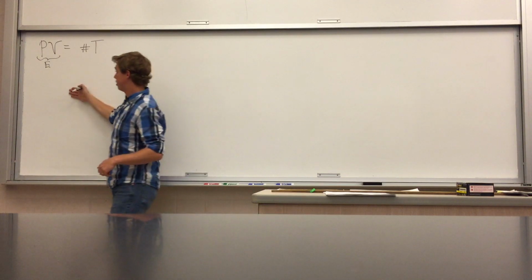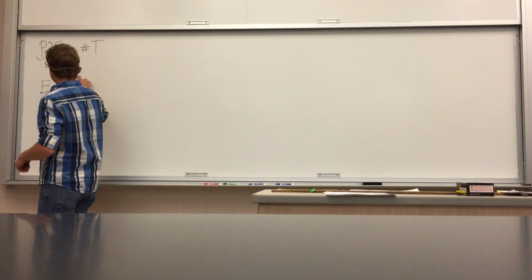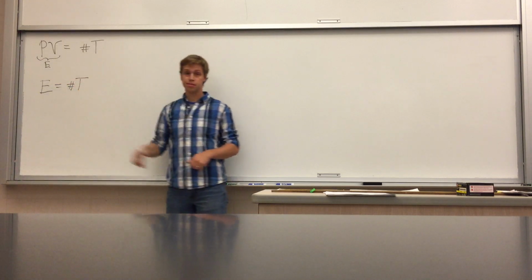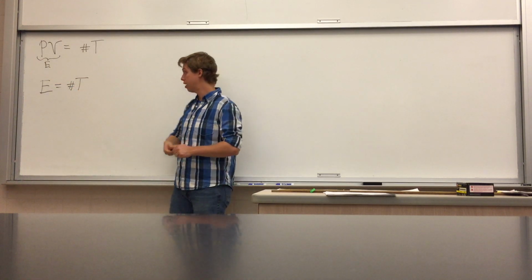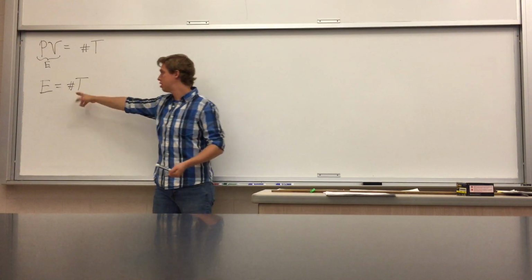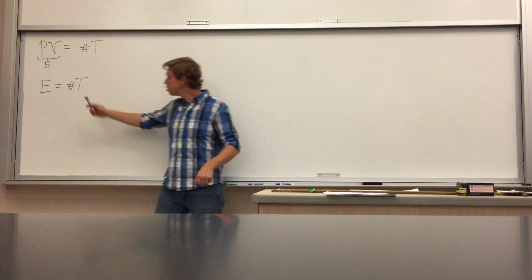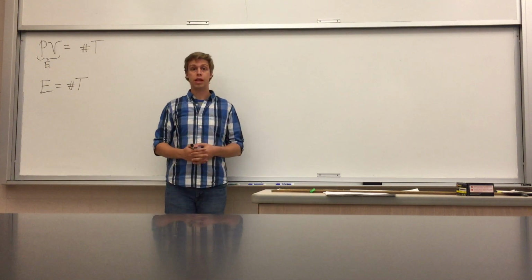So I can write this as an equation that simply says the energy is equal to some number times temperature. Look how close they are to each other. It almost says energy equals temperature, right? It's just this factor of a number in there, but that's just a number. So energy and temperature are really closely related.